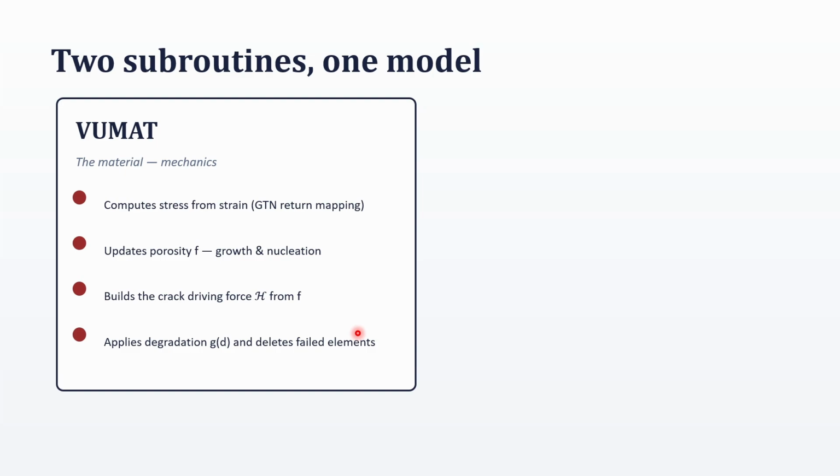So it is very important to delete those elements from the mesh. This is what is meant by deleting failed elements. Elements with zero stress carrying capacity have essentially failed, so elements with F equal to Ff need to be deleted from the mesh.